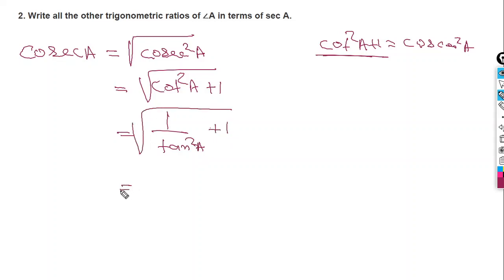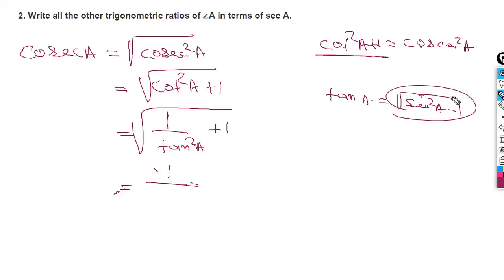Now we had identified that tan a equals root over of sec square a minus 1. So we will use this.